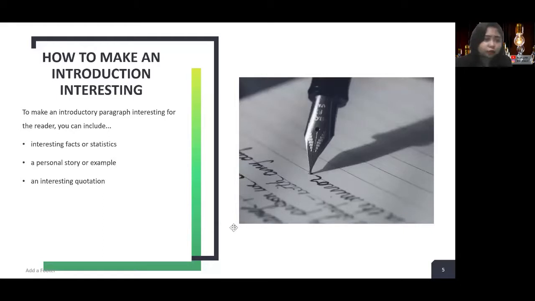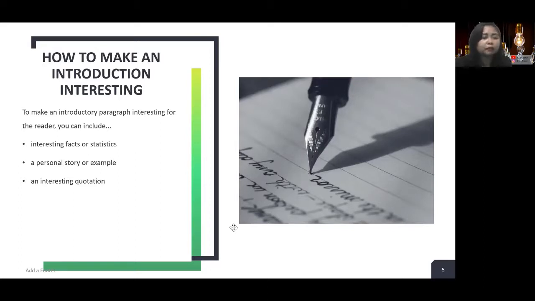And then, how to make an introduction interesting. To make an introductory paragraph interesting for the reader, you can include, first, interesting facts or statistics. You share data about something. Then you can include a personal story or example, maybe based on observation or interview about something.